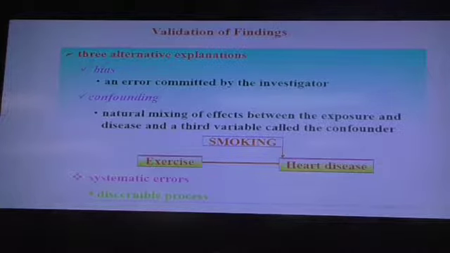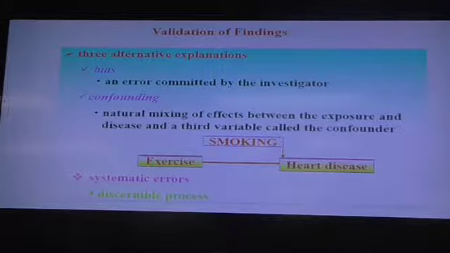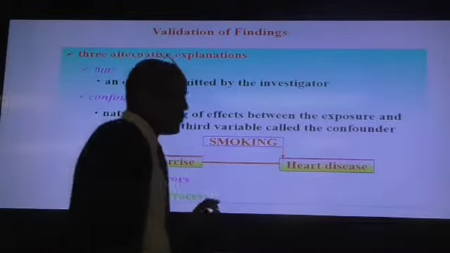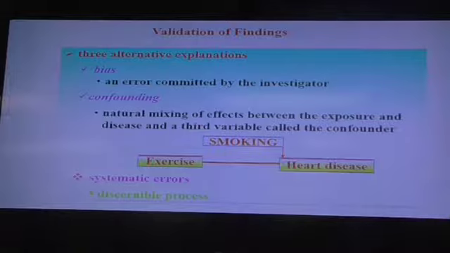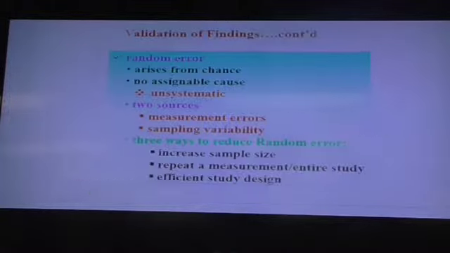If you look at the study, you can see whether the investigator committed any error, knowingly or unknowingly, and also whether the investigator didn't account for that confounding factor. That is something that you can see. So we call them systematic error because they arise from a discernible process.